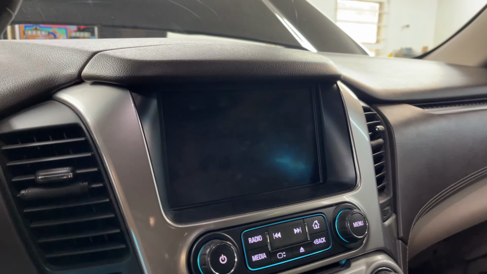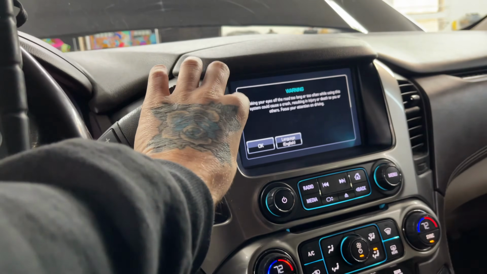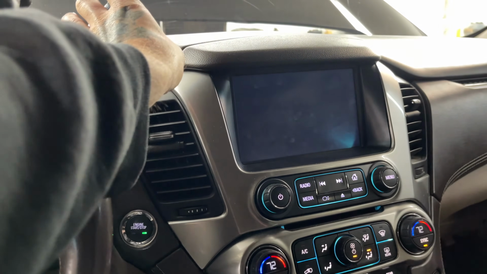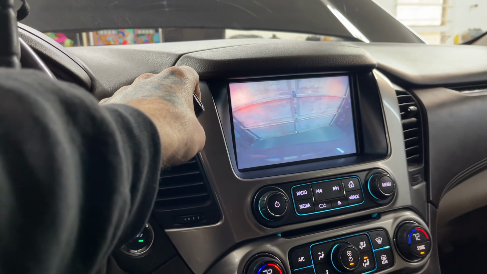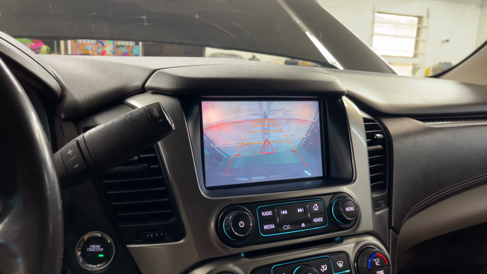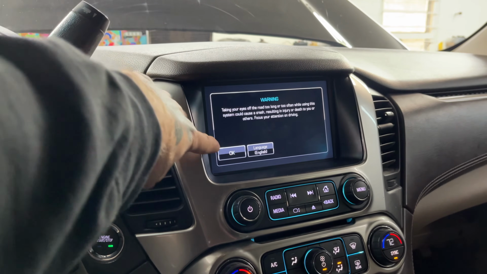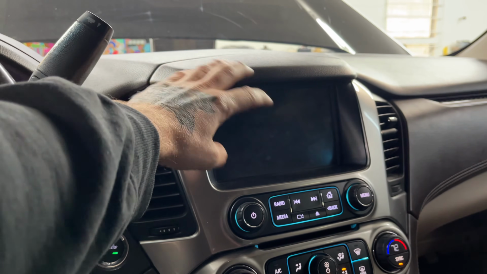Okay, as you can see, the radio's turning on and off. I had to turn the ignition back on, but let's see. Still nothing there. Look at that, but there we got camera there. Does the camera ever go off? I don't think so. So the screen's working. Let's see. Okay, off.